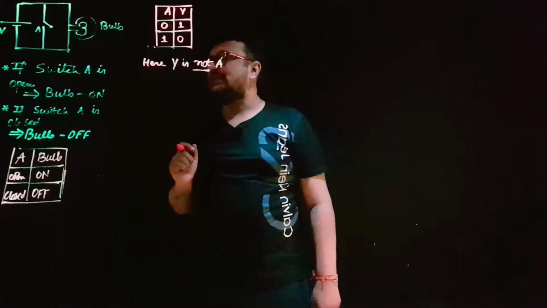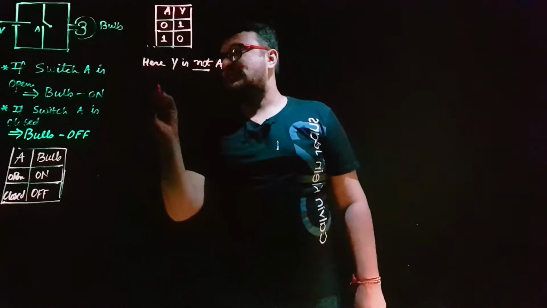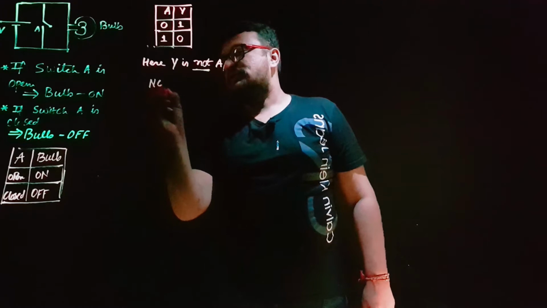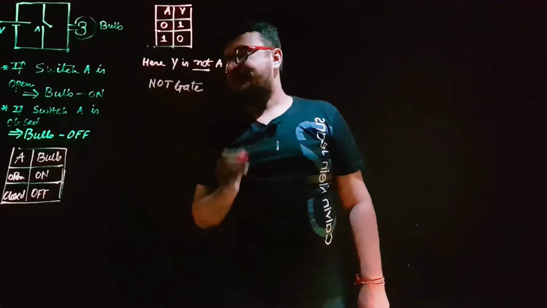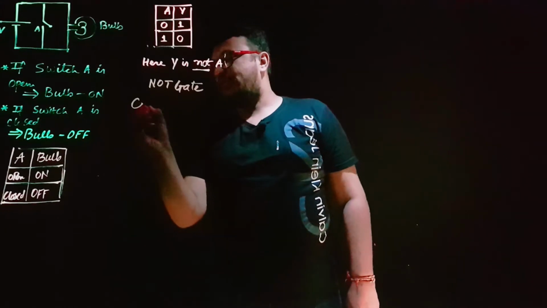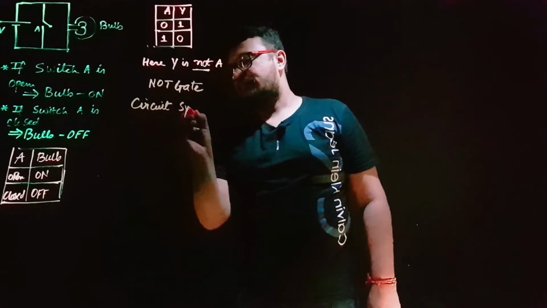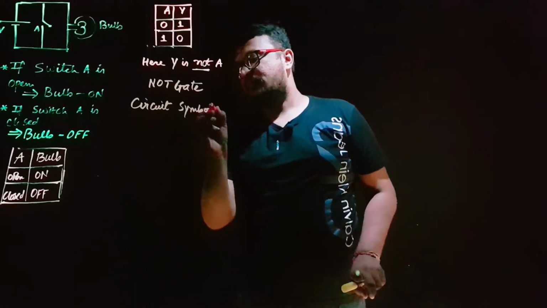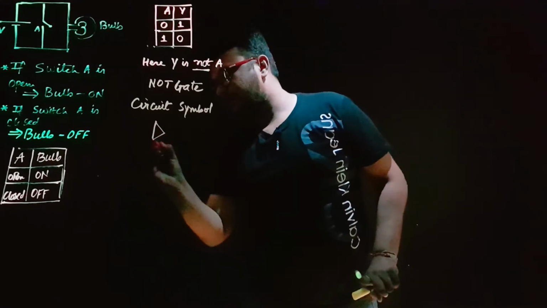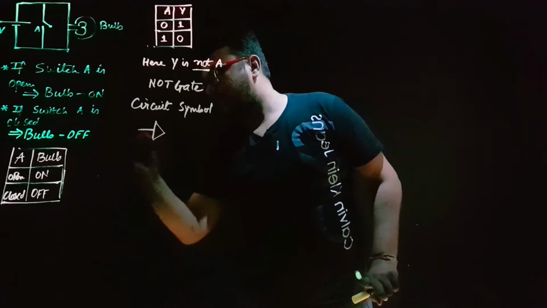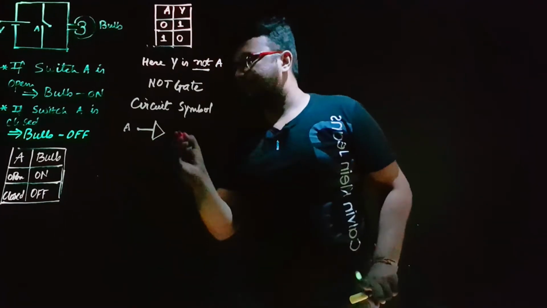That's why we can say that this circuit or this kind of logic operation is the NOT gate, because Y is not A. So it is known as the NOT gate. Now the circuit symbol for the NOT gate is like this. You have to remember this. Here we have only one input A. Remember, for a NOT gate, there is only one input.